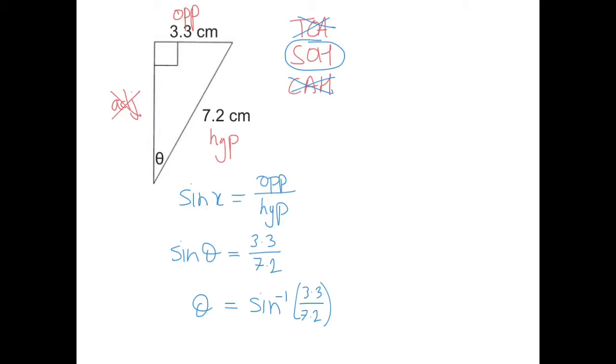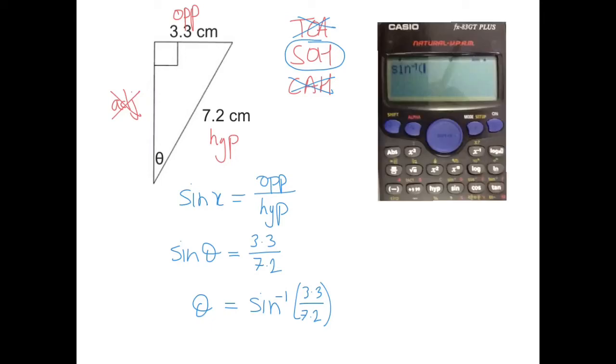Now that comes up on your calculator. Let's just see what that looks like. On your calculator, we have the three buttons, sine, cos, and tan. You'll notice just above them there is an inverse sine, inverse cosine, and inverse tan, with a wee minus 1 as the power.